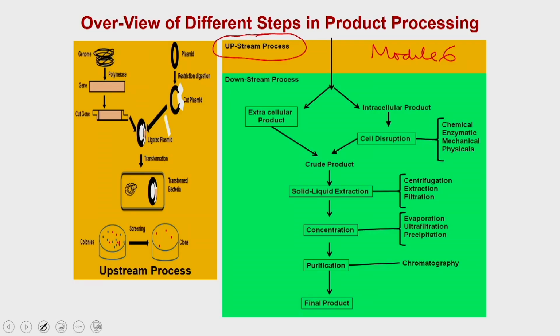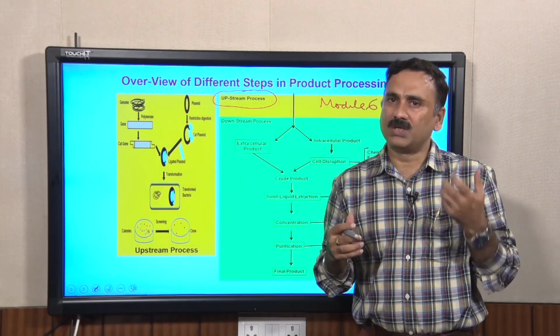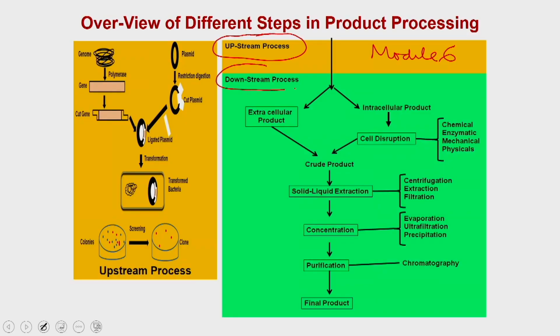Once your protein is overexpressed inside the host cells, you have to get this protein, or other secondary metabolites, out of the cells and then process them so that you get the purified product for your downstream applications. That is how these processes come under the purview of downstream processing.